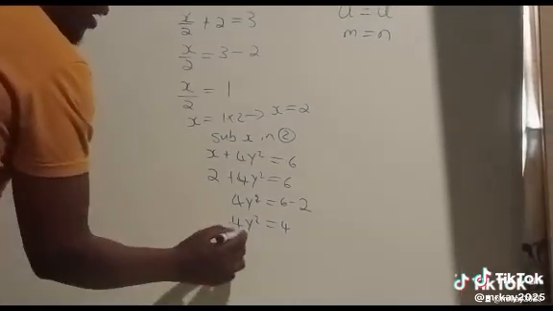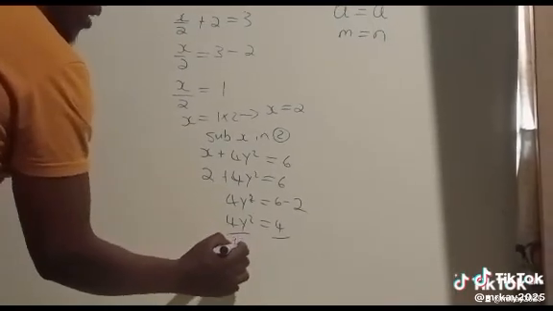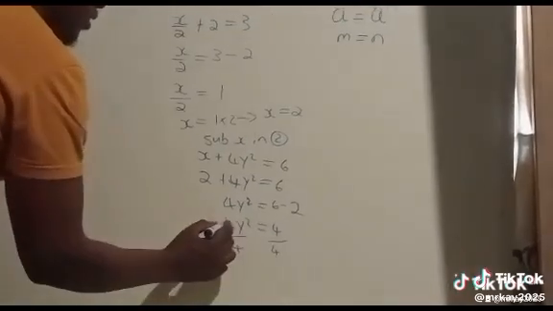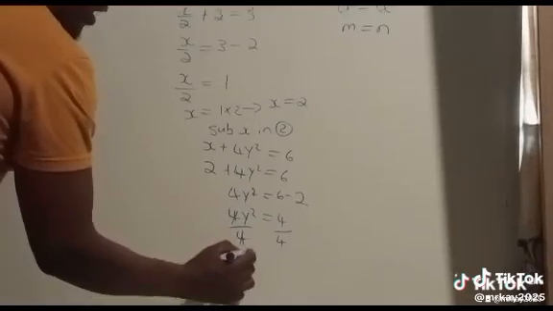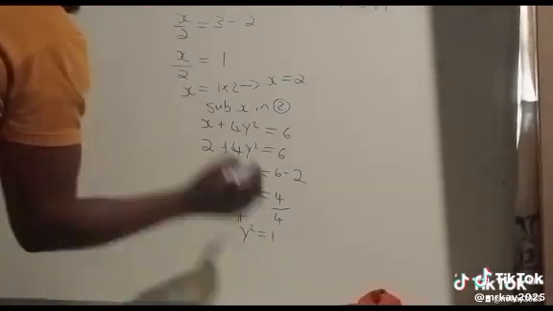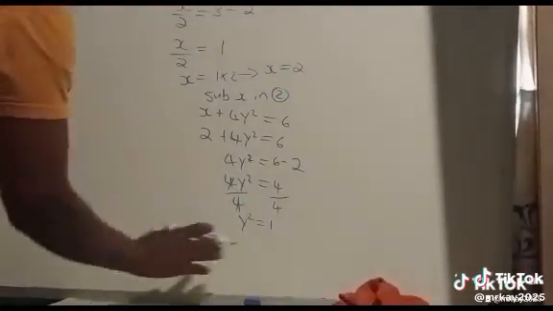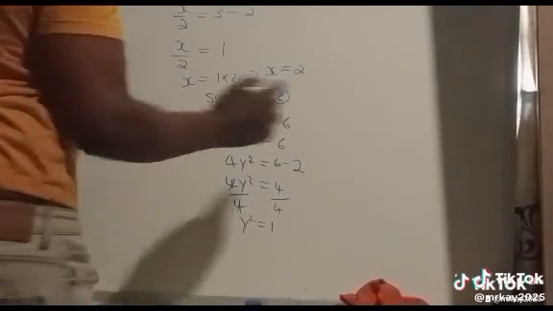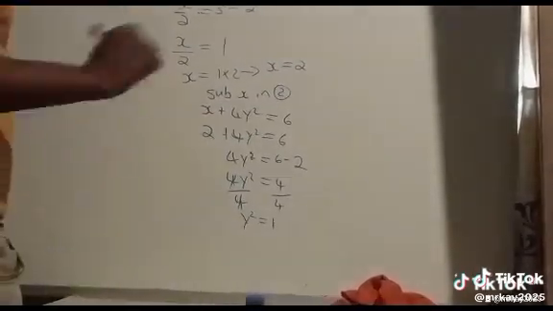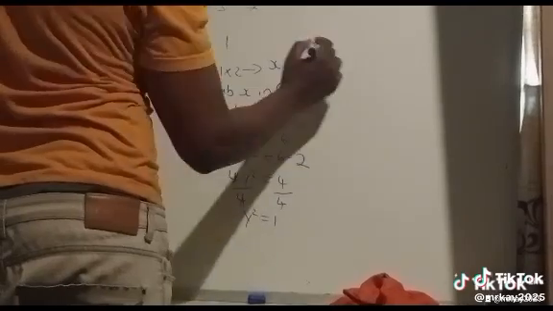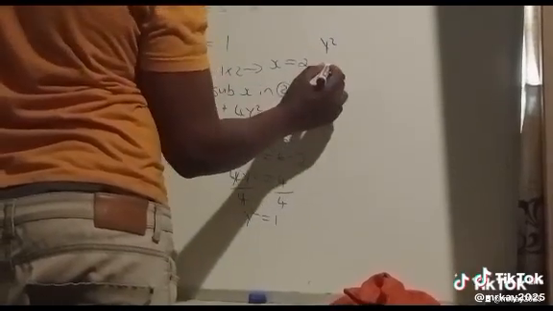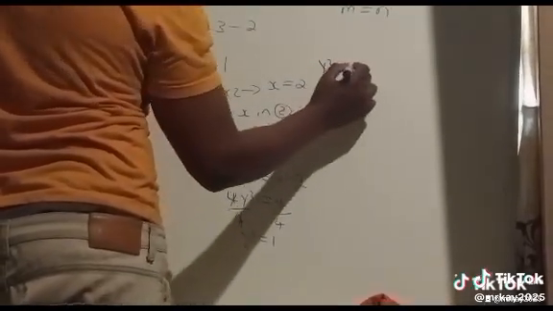How do I get y? I divide both sides by 4. That means my y squared is equal to 1. Now to get the answer of y, you have two choices. You can go back to grade 8 and say, okay, I have y squared equal to 1.